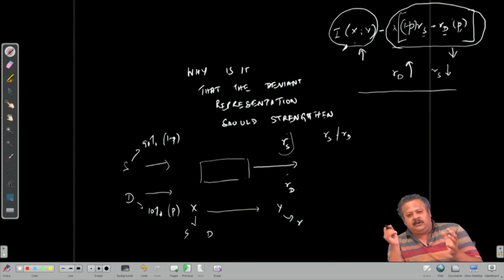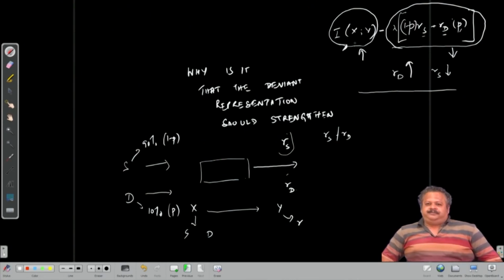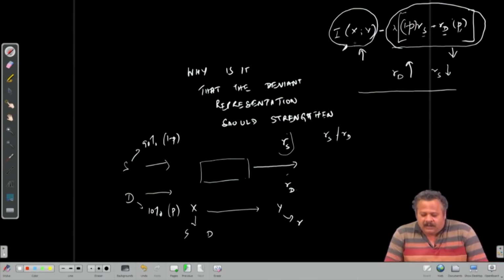So, obviously, if we need to maximize this with minimal amount of activity, Rs has to be less than Rd. It is because Rs is weighted way more times than Rd. So, it is a very, very simple intuitive explanation, although it requires a lot of algebra because of the framing of the problem.